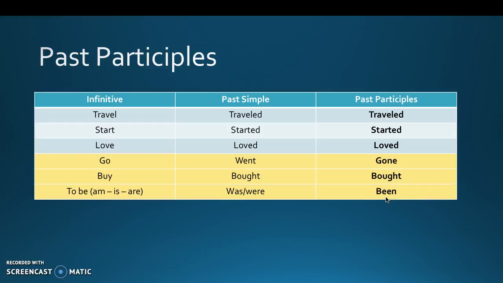One of your homework tasks for this weekend is to start looking for a list of verbs in which you can find the three lines. You can go to Google and write list of verbs in past participle, for example, and you will start to see these charts or tables with all this difference between the verbs.